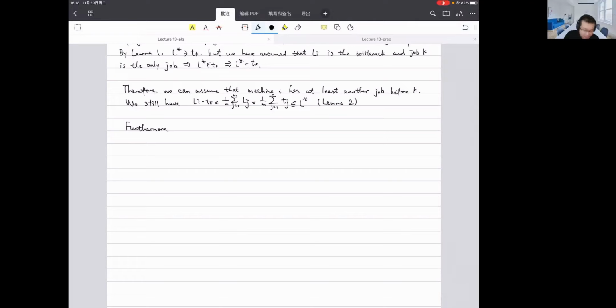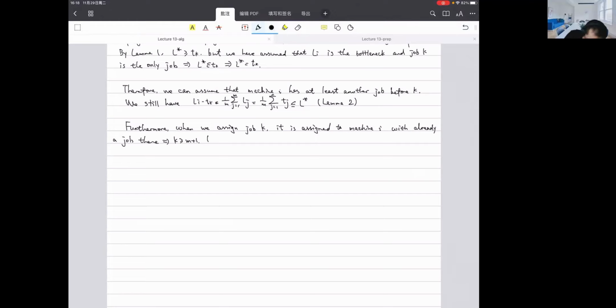In particular, when we assign job K, that reads better in English, we know that it is assigned to machine I with already a job there. So this implies that K is at least m plus 1.